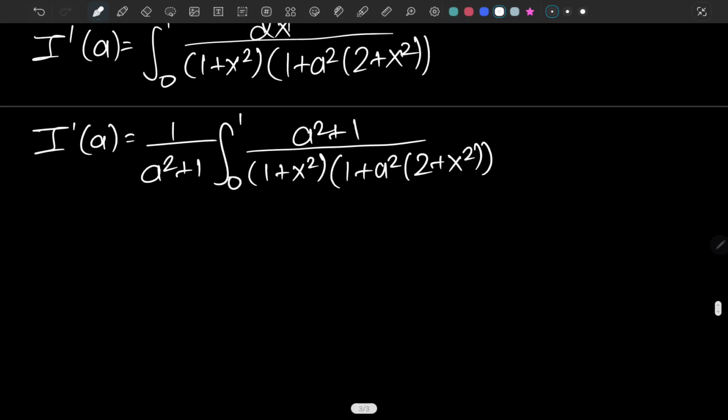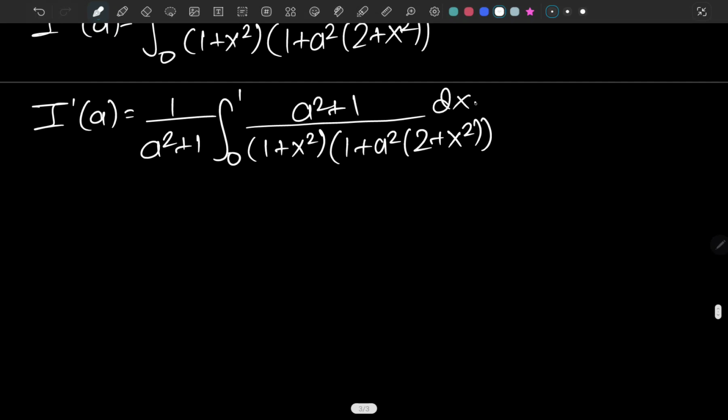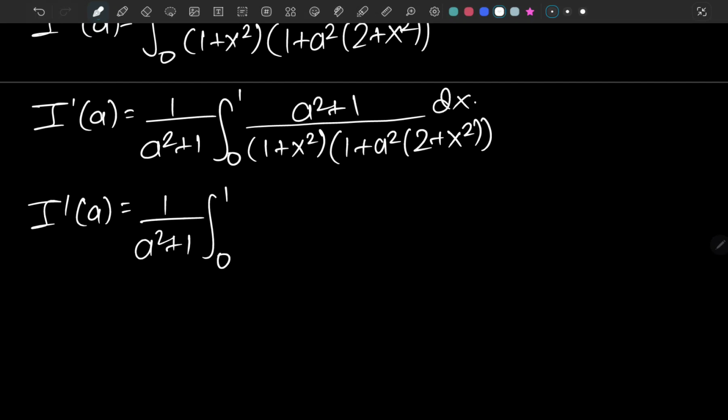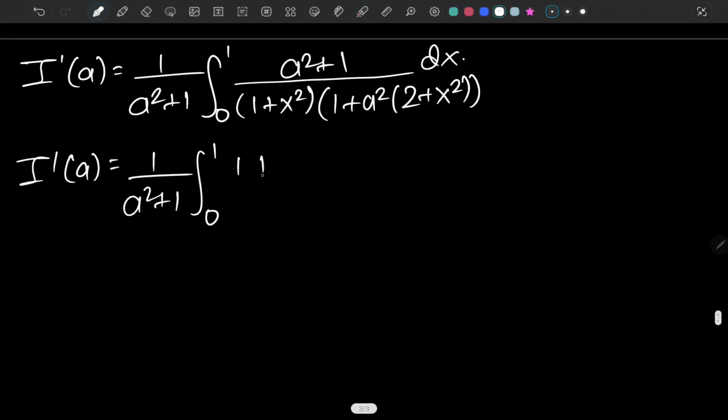And now we have to do something here that I know is not good, but we have to do that. I'm sorry about that. So what we are going to do here is integral from 0 to 1. We are going to write this one with some nasty looking things like 1 plus 2a squared plus a squared x squared minus a squared x squared.